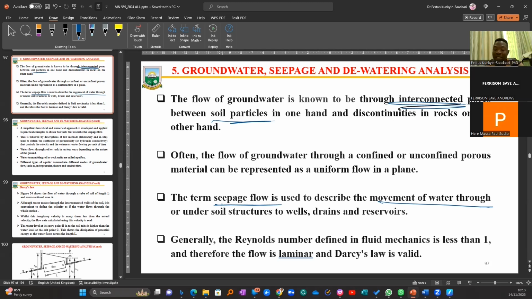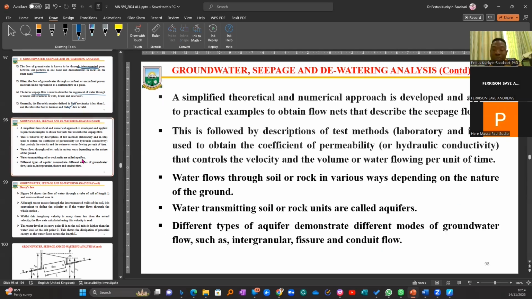And when that Reynolds value is determined to be laminar, then we can adopt somebody's principle. The person is known as Darcy. He proposed a law that we use today when dealing with flow of water or flow of fluid through certain mediums, and that is Darcy's law.